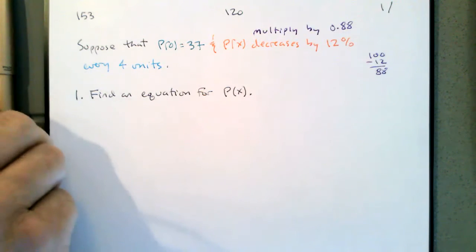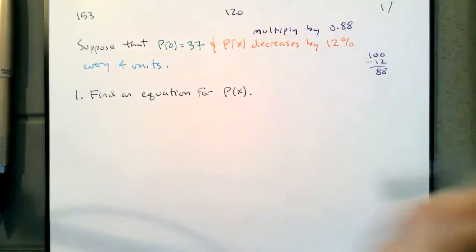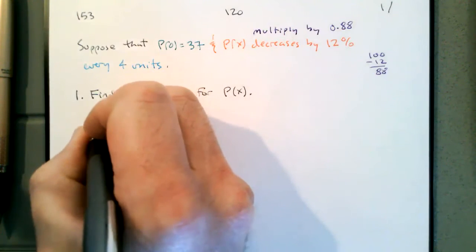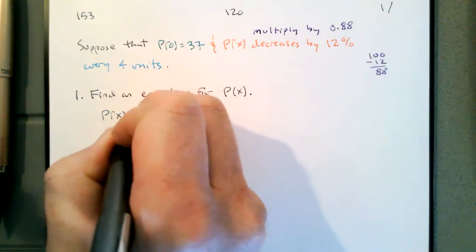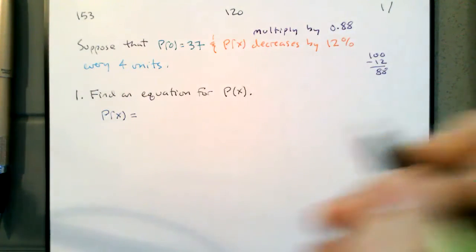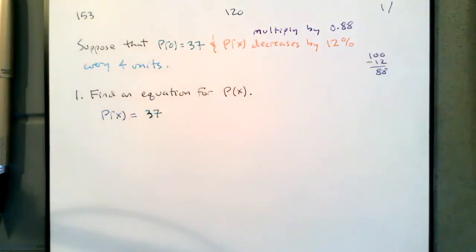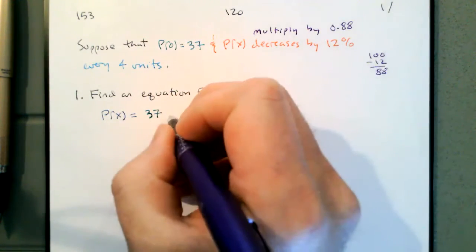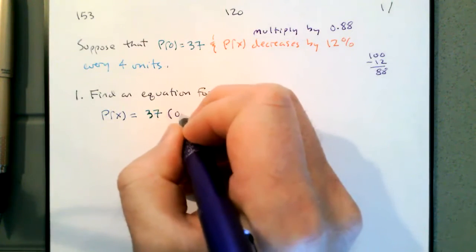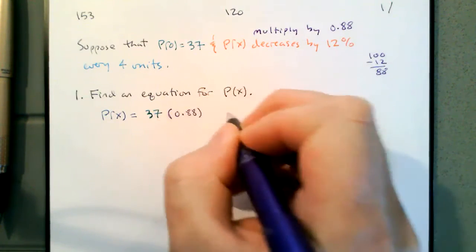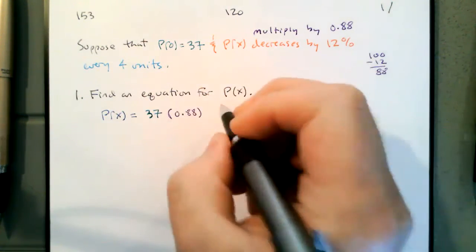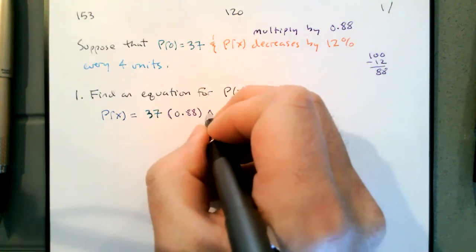Once we have a multiplier, we can write an equation. So p of x, we're going to write down where we start. So we start off at 37. And then we multiply by 0.88. And we have repeated multiplication, which we're going to use an exponent.